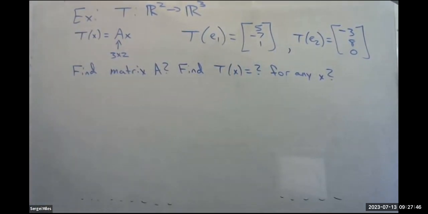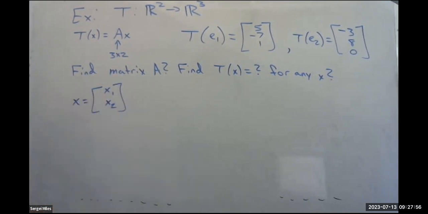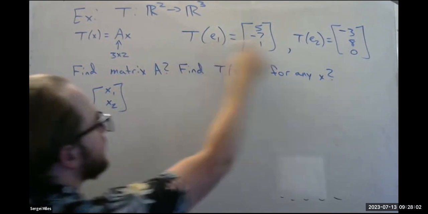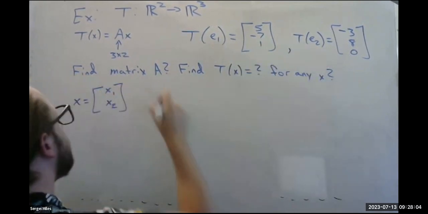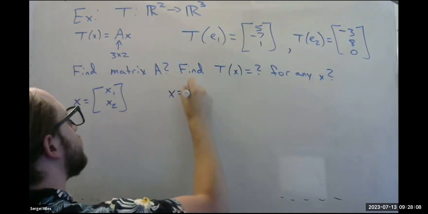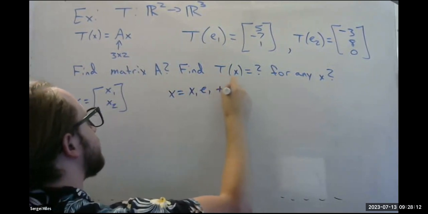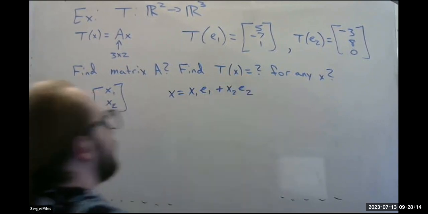Well, every X in R2 is a column vector with 2 entries, X1 and X2, where X1 and X2 are real numbers. I don't know what T of X is, but I do know, because these are the identity vectors for R2, that X equals X1 times E1 plus X2 times E2, right?